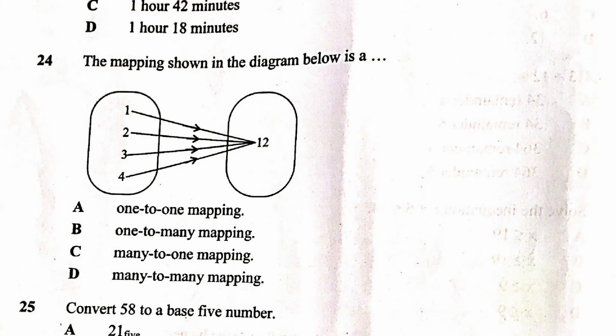To get the answer to this, we have to divide 5 as the base into 58 repeatedly, and then the remainders are the ones that have been converted into the base. We are going to do it like this.